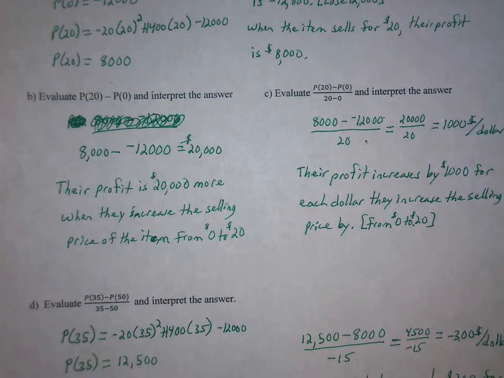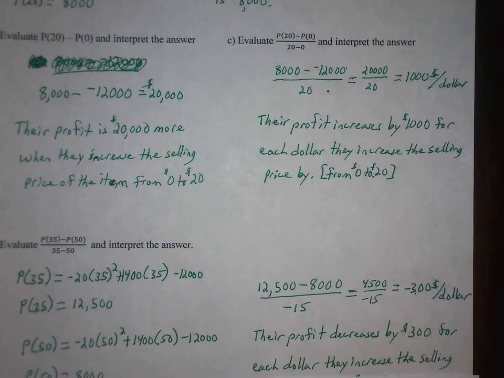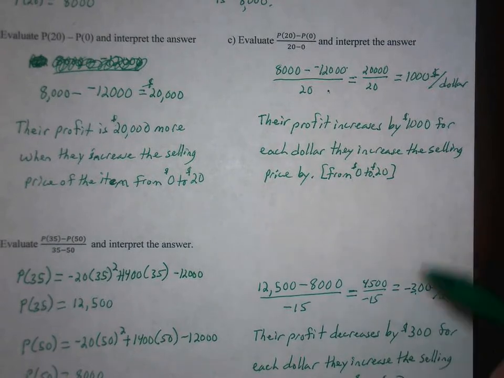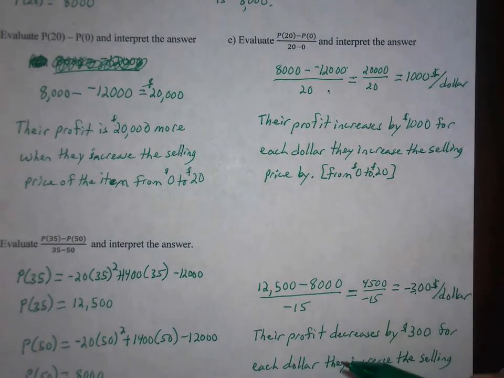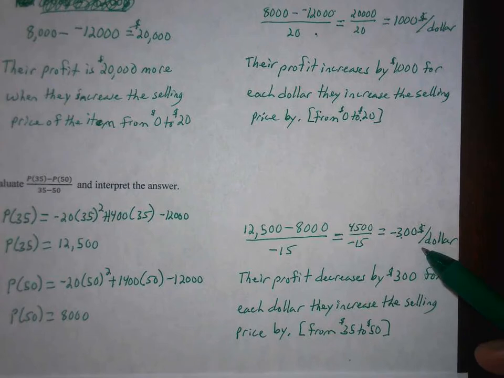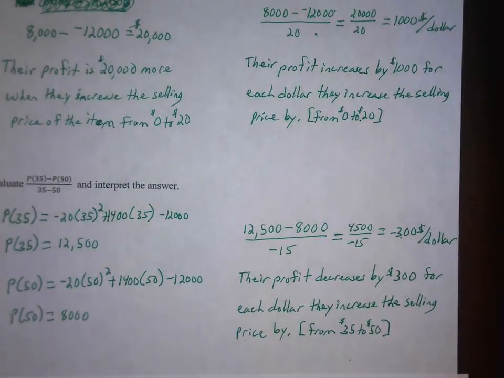So potentially you're going to sell less items. So that's what's happening here, is that once they get past a certain amount, so probably past $20 somewhere, at some point, the selling price is going to be so high, they're going to start to sell less of those items. So the profit is going to start decreasing again at some point. Basically, they're pricing themselves out of a market.